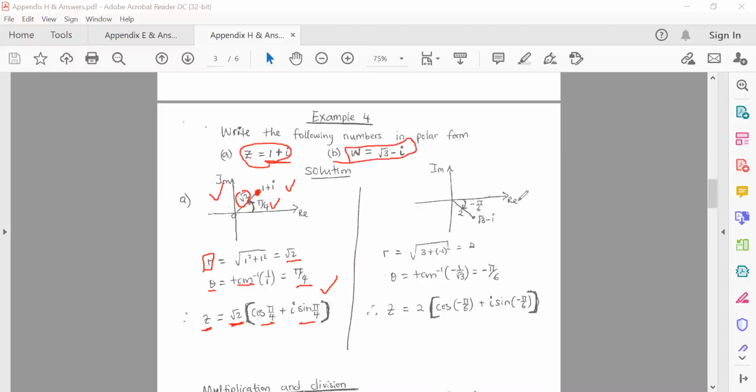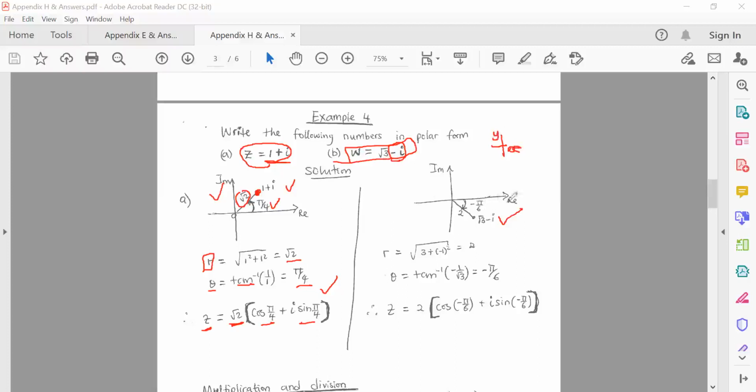Example B, if we need to draw our Argand diagram, notice that this actually lies in the fourth quadrant. Why? Because your i there is negative. So if we compare this to the XY plane with the usual x and y, notice that your x, root 3, is positive.